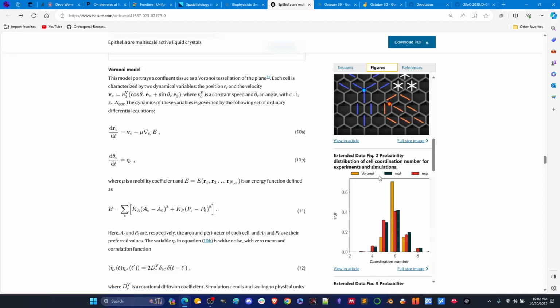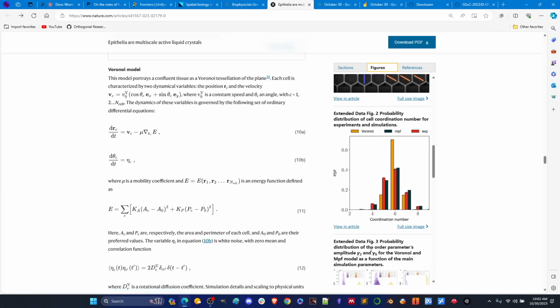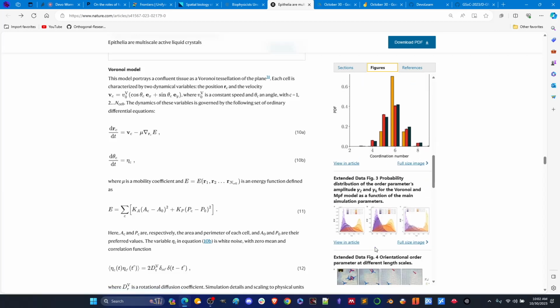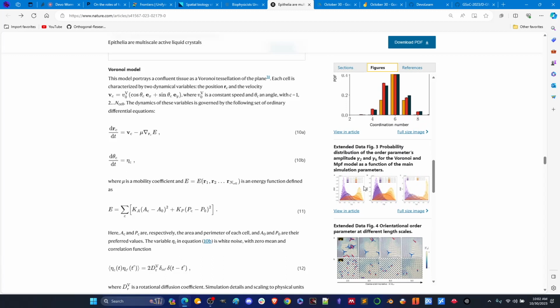So you have these different models here, Voronoi model, MPF, and the experimental observation. It shows the measured coordination. Okay, these are the probability distributions of the order parameter. So the distributions we saw were for the Voronoi and MPF models.